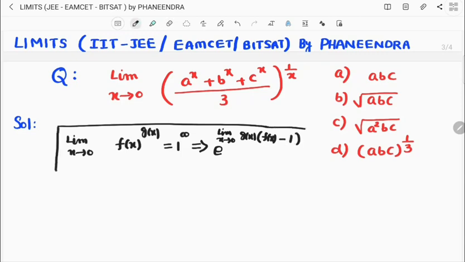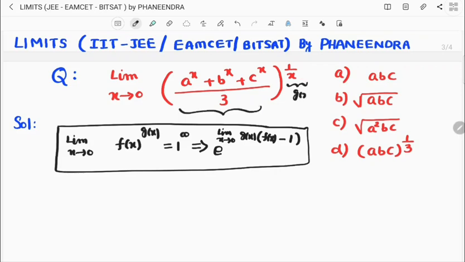This is the way you have to write it. So according to that, f(x) is this value and g(x) is this one.